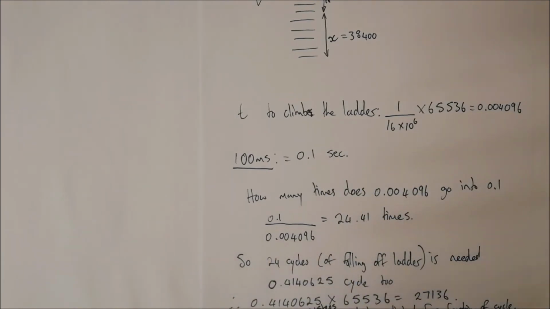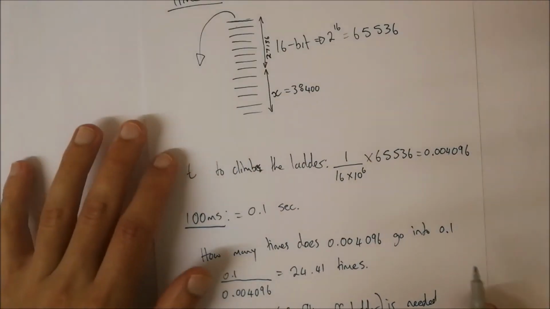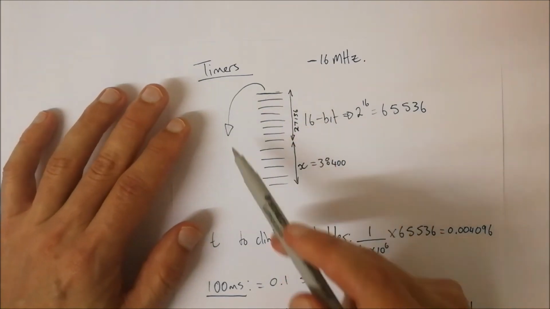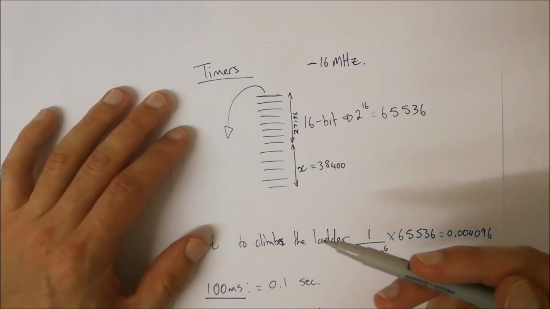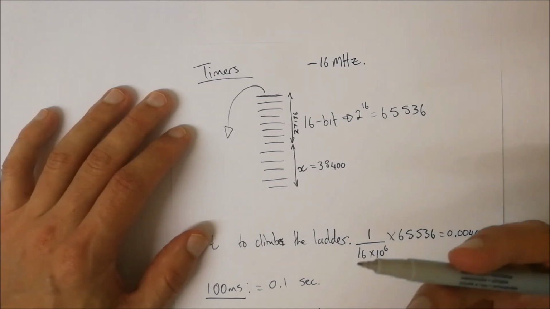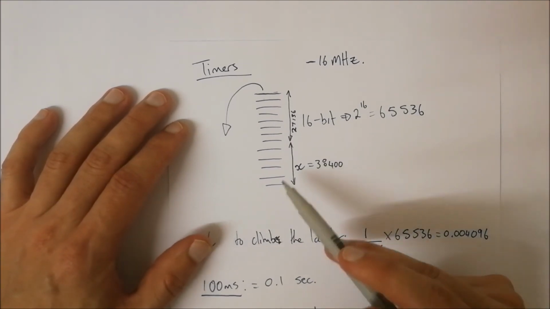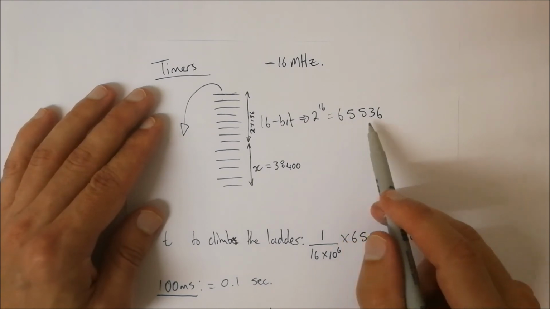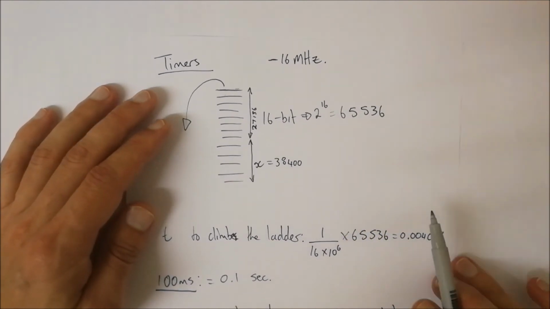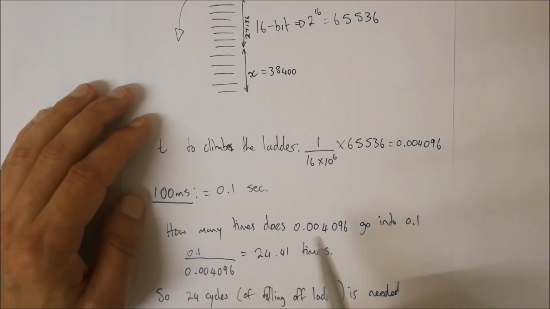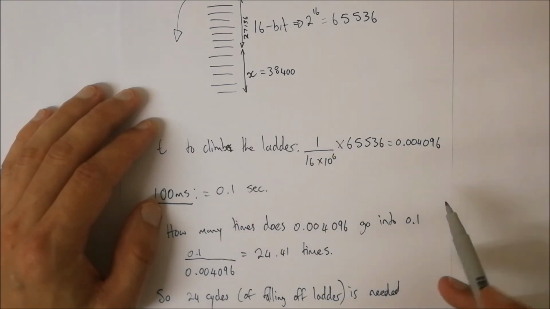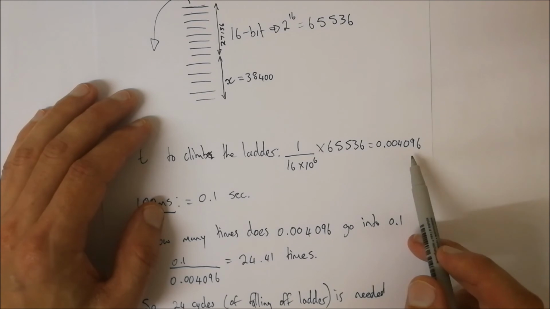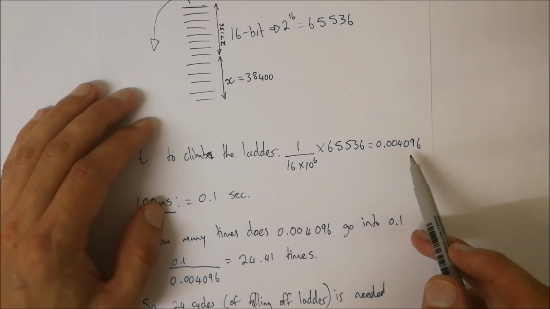Okay, so again, just to go over this, every time we fall off a ladder, we get injured and are made aware that we've fallen off. We know there are 65,536 steps on the ladder. We need to see, for 100 milliseconds, how many times we have to do these steps, and we've calculated how long it takes to climb one step.